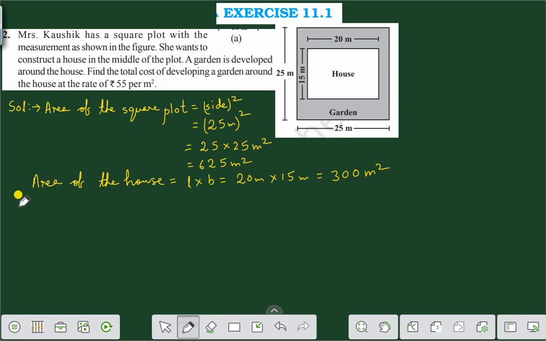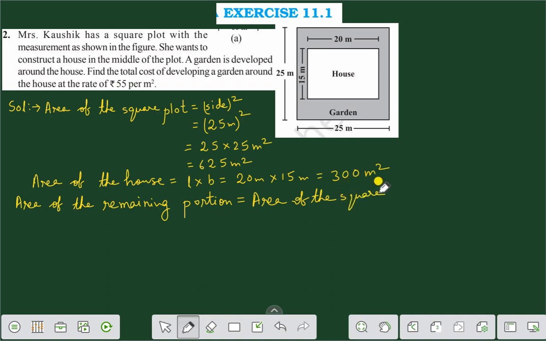Now the area of the remaining portion is equal to area of the square plot minus area of the house.